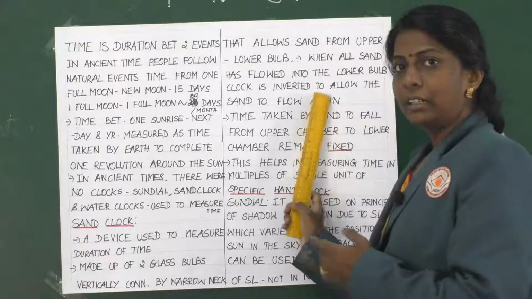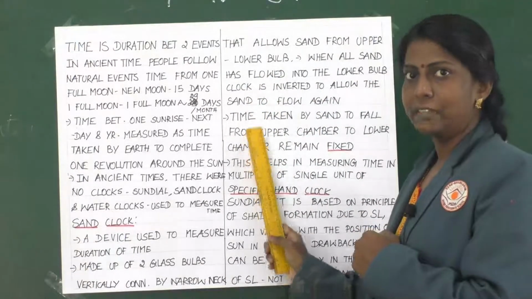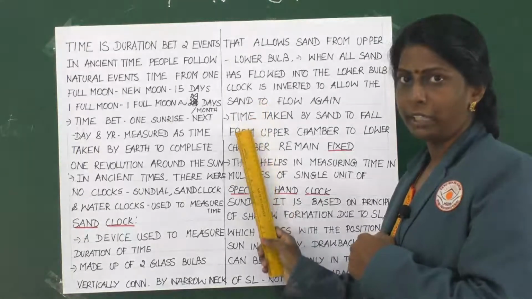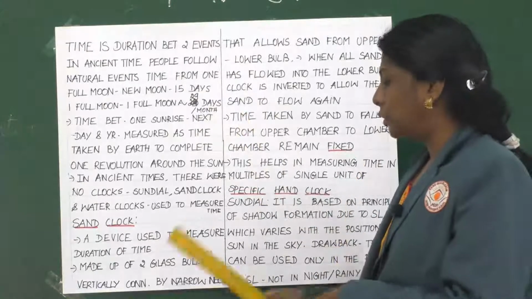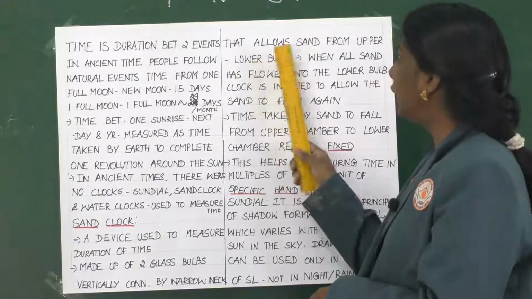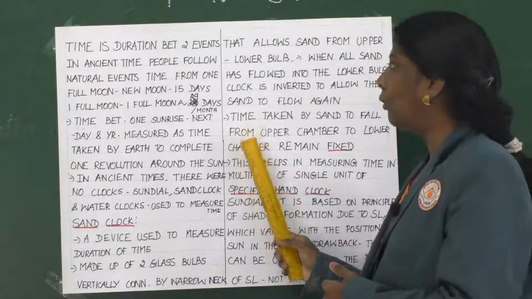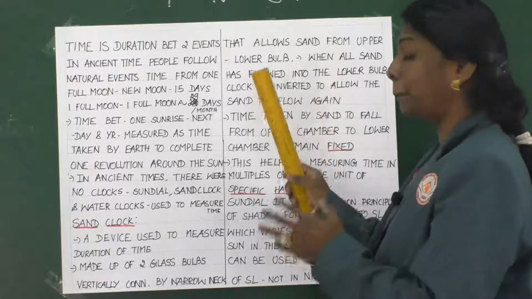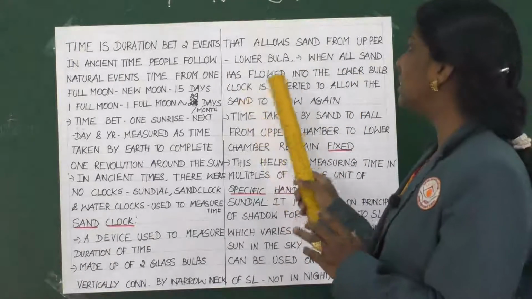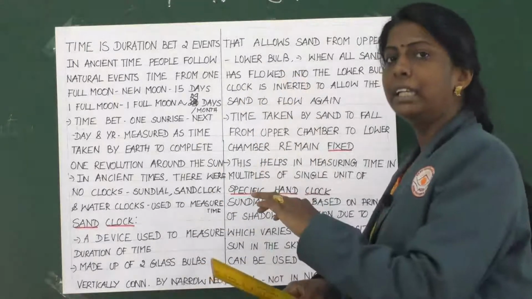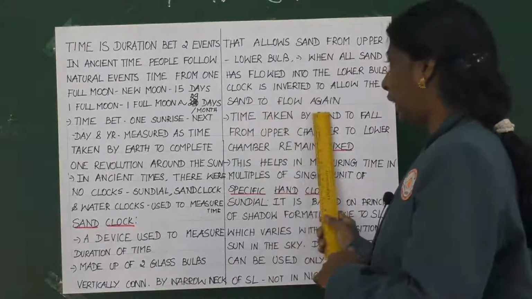See, here you are having two bulbs, upper bulb and lower bulb, is it not? Which are connected by a narrow neck. The same quantity of sand will be there in the upper bulb. So now what happens? Automatically it will flow from the upper to the lower bulb, is it not? Now once it has been completely emptied, it has flowed into the lower bulb, then the clock is inverted. Again it will be inverted, okay, to allow the sand to flow again.